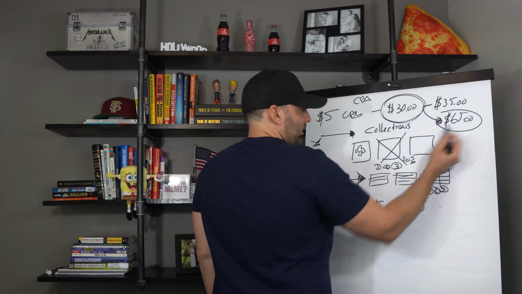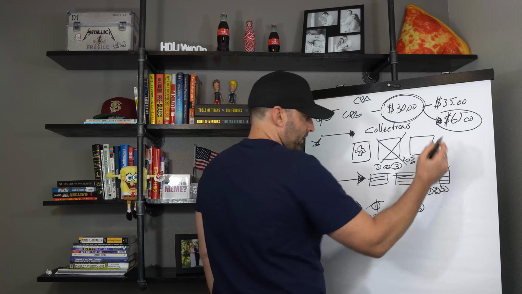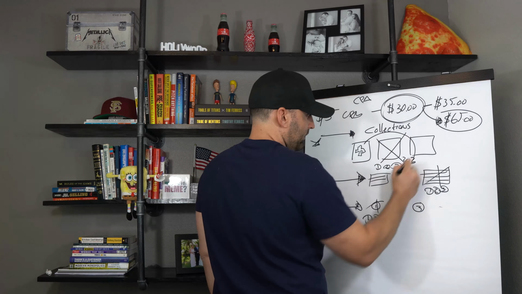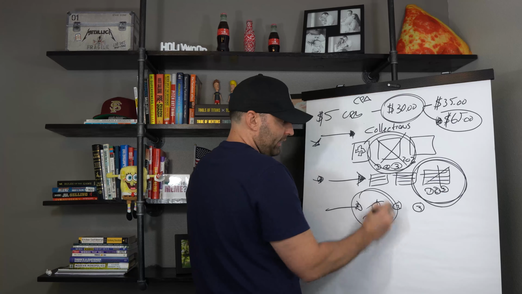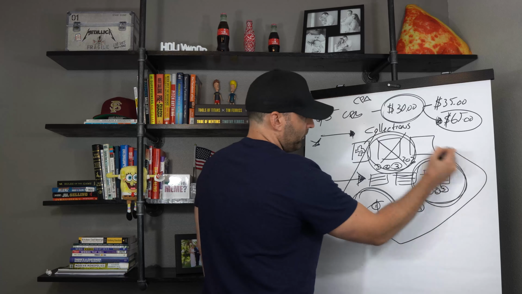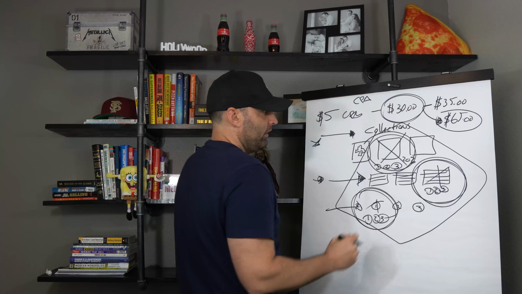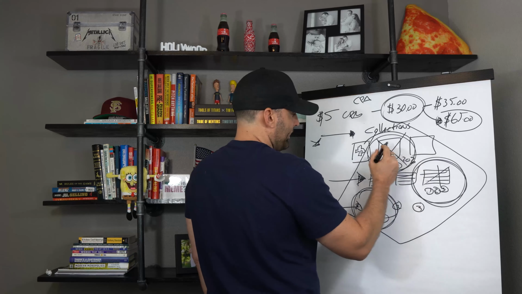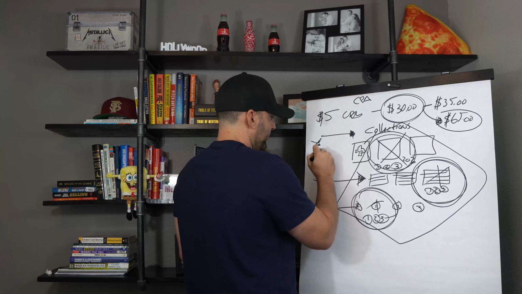So you grab your hoodie, right? You grab your best-selling flag, right? And then you grab your best-selling ring, and you turn them into a bundle, right? So let's say your hoodie by itself is $75.